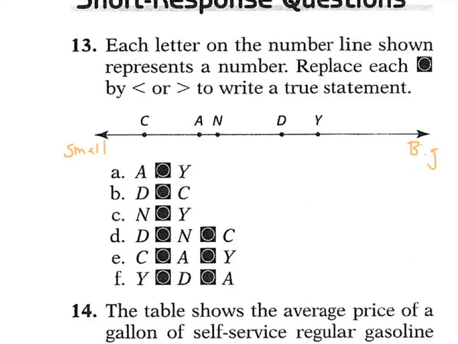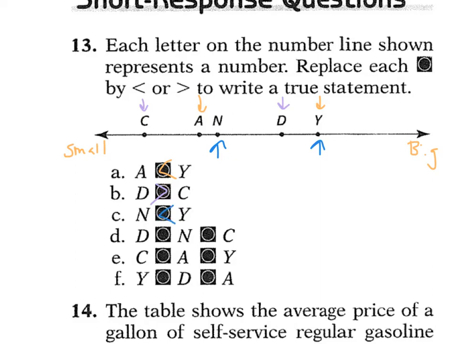So here we have A and Y. Y is farther to the right, so Y would be greater than. Next we have D and C. D is to the right, so D would be greater than. Then we have N and Y. Y is to the right, so Y would be greater than.